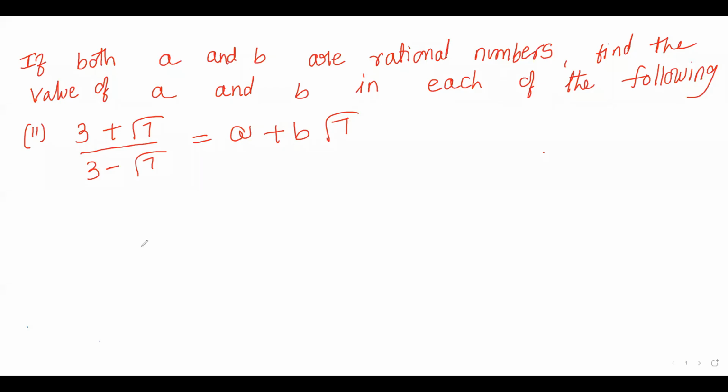In the next question, we have 3 plus root 7 by 3 minus root 7 is equal to a plus b root 7. We need to find a and b values. Let us take left hand side. In the left hand side, I'm having 3 plus root 7 by 3 minus root 7.